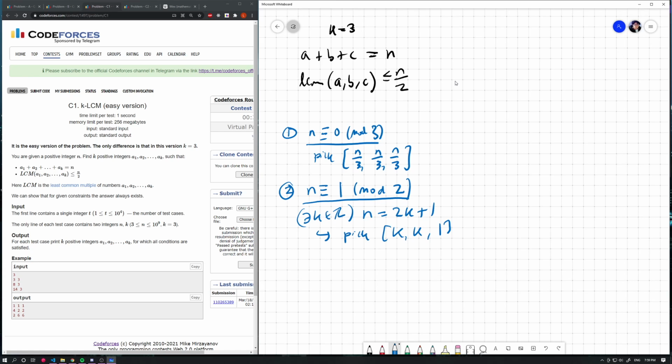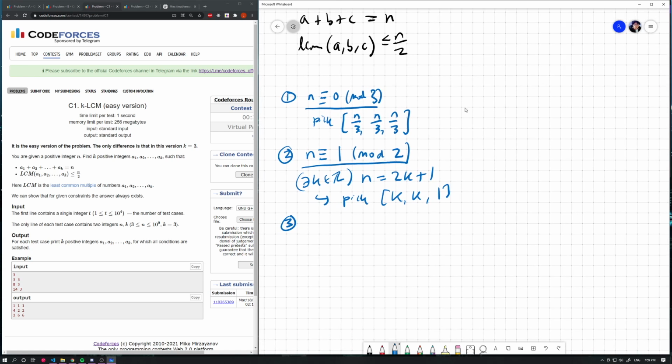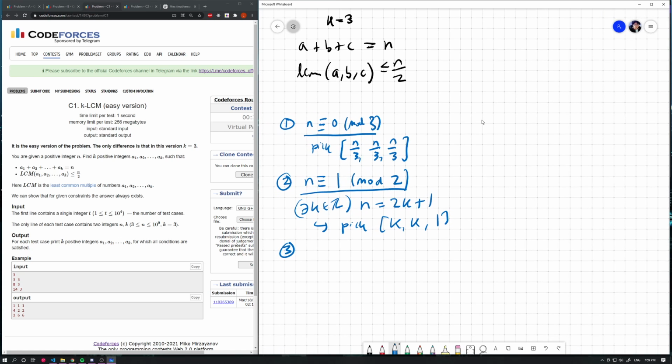So basically now there's only one more case, or almost only one more case. Let's say that n is even, so we know that it's not equal to 0 mod 3, but we also know that it's even. Examples of numbers which fit this criteria are 4, 10, 16, and basically you can just keep adding on 6s to these, I think.